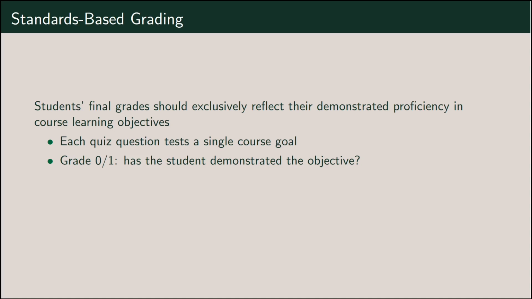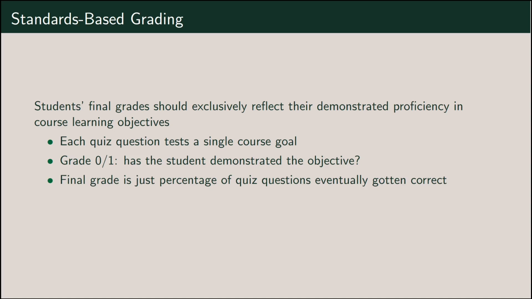I tell my students that if they make a basic arithmetic error, as long as I can figure out what they're doing and they're doing the right thing, they'll still get full points. And then I calculate students' final grades as just the percentage of quiz questions they're eventually able to get correct.